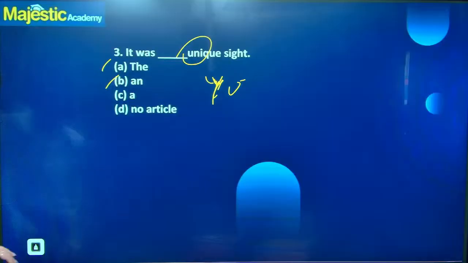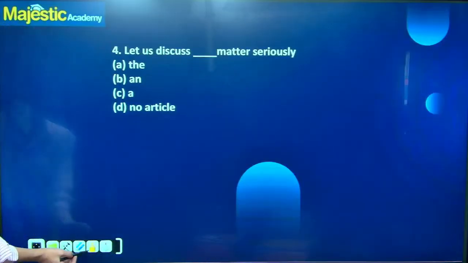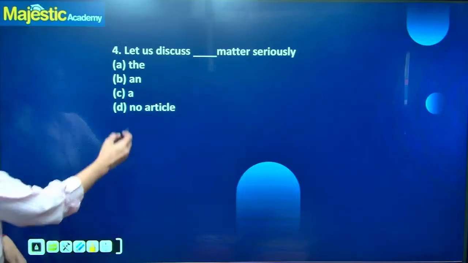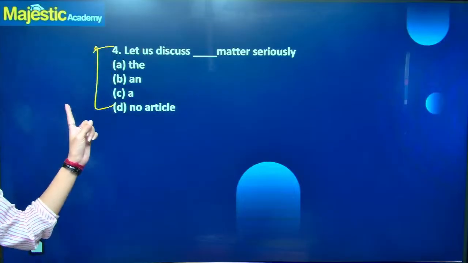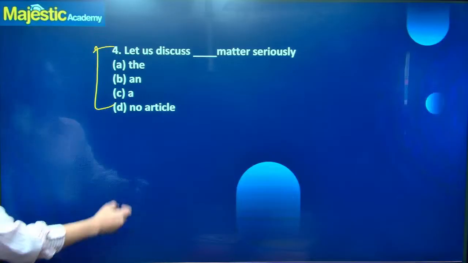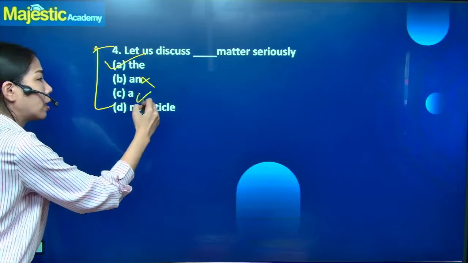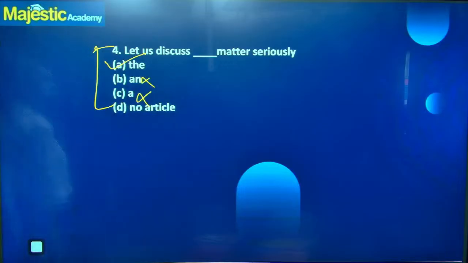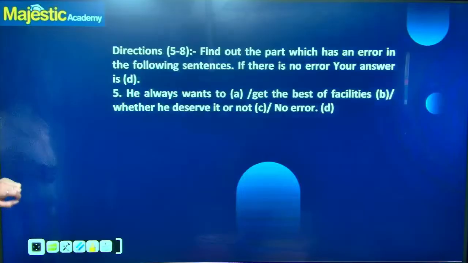Sorry, I moved back to the previous question by mistake. Okay, let us discuss the matter. This question again has article options. The answer would be, let us discuss the matter, because we can't put an or a in this question, as this is not a countable noun. So we will put the: let us discuss the matter. Let's move to the next question.